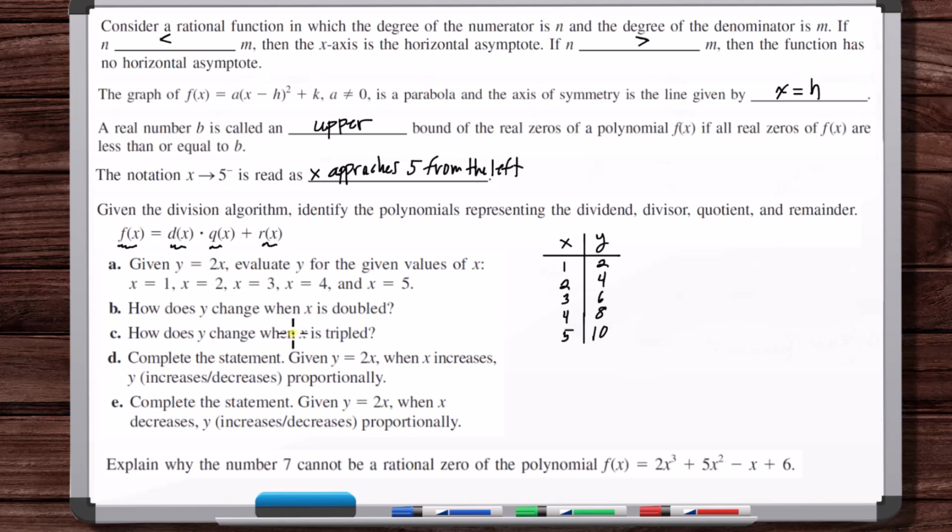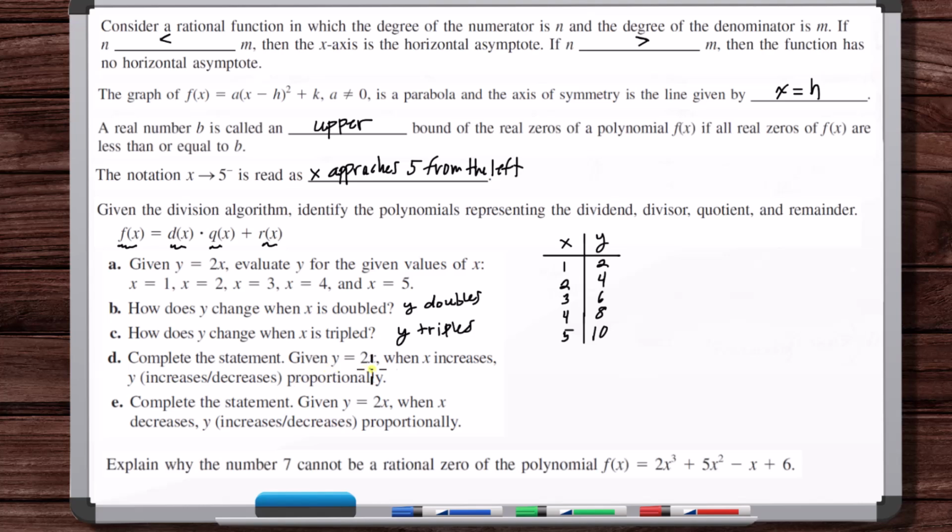How does y change when x is tripled? Well, y is also doubled. If you double x, it's like you're multiplying both sides of the equation by 2. Y doubles. Here, y triples.